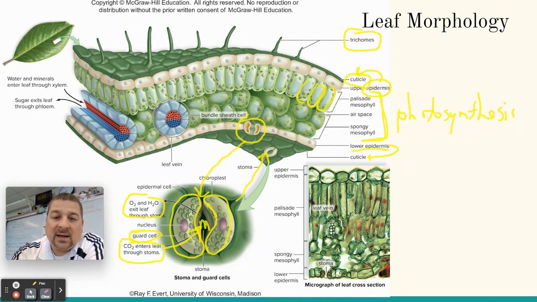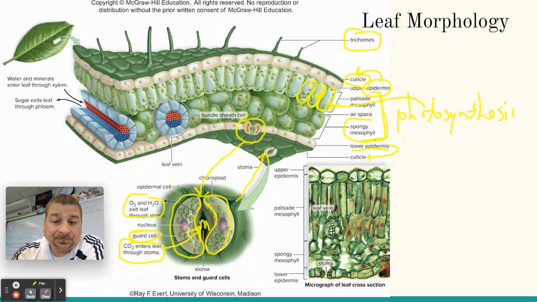Notice often along the upper side of the leaf, lots and lots of photosynthesis happening here. They are tightly packed, although your book talks about having a little layer of water between them. That just helps slow down the CO2, helps trap the CO2, give more surface area for that slow-moving CO2 to slowly diffuse into these cells right here because the CO2 is needed for the photosynthesis.